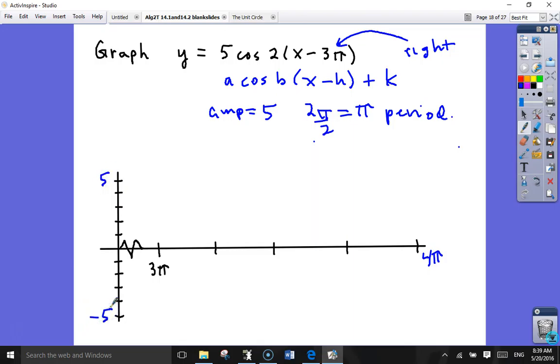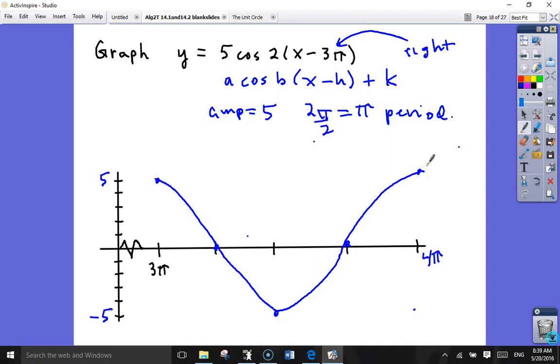It's a cosine function, so it should start at its maximum of 5 here, and then go down to 0, down to like that. So there's our 5 main points, and we can sketch a nice shaped cosine function.